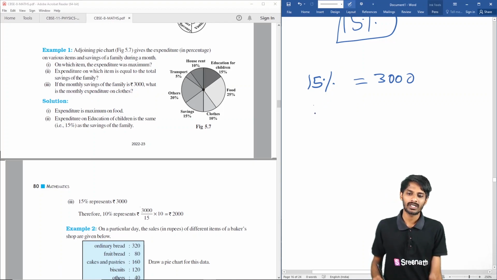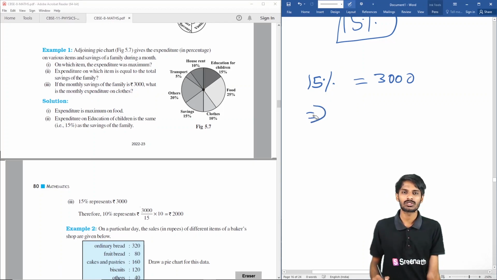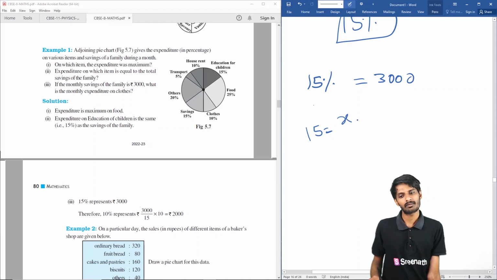So how can we get the total amount? Normally, some amount into 15% gives this number, and so on.